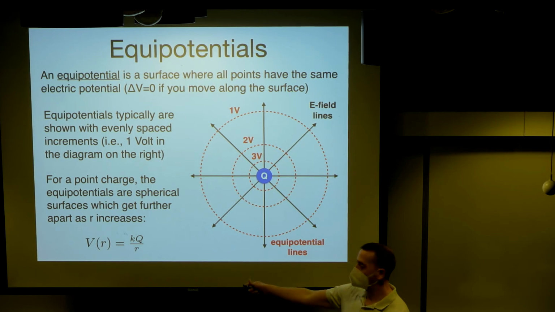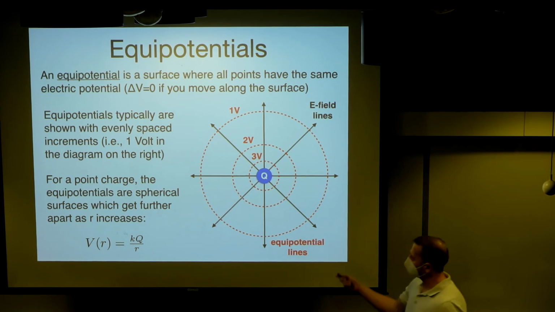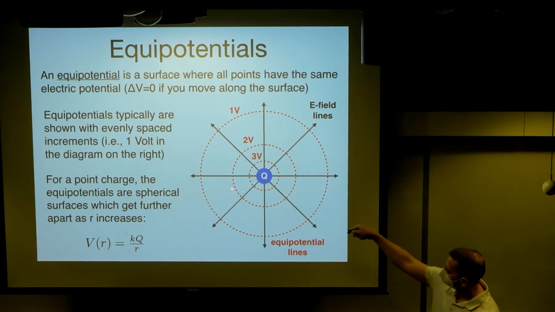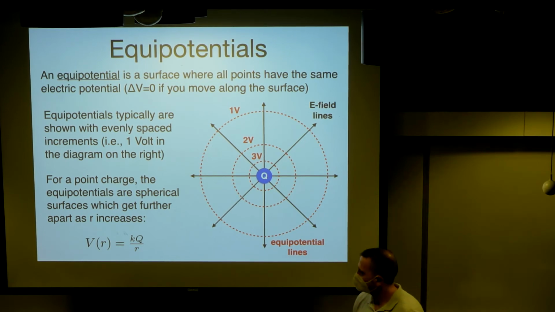Well, R has to basically be the same, right? So that means our equipotential surfaces are just surfaces where R, distance from this point charge, is a constant. So I'm just going to be drawing basically spheres, spherical shells around the point charge. And each one of these is going to be an equipotential surface.